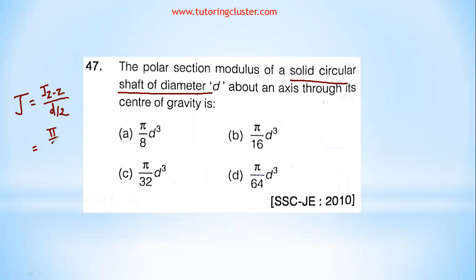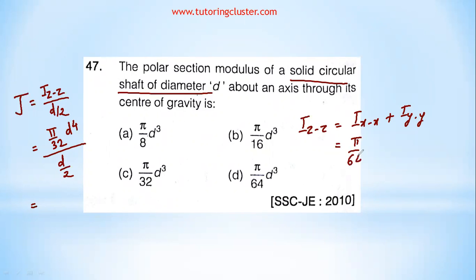It will be pi by 32 d to the power 4 divided by d by 2. How am I calculating IZZ? IZZ is equal to IXX plus IYY. So this is pi by 64 d to the power 4 plus pi by 64 d to the power 4. So it will be 2 pi by 64 d to the power 4, which is nothing but pi by 32 d to the power 4.